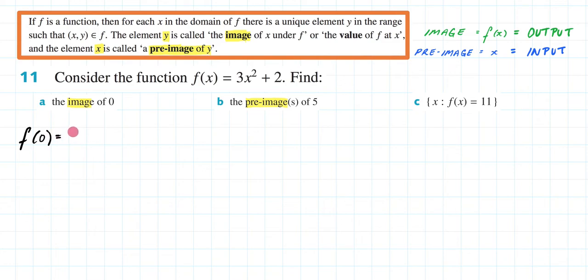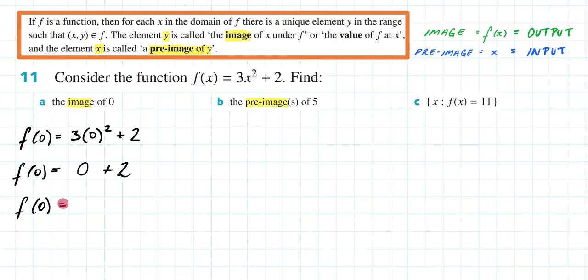So every time I see x, I'll put 0: 3 times 0 squared plus 2. So then I'll get 3 times 0 squared is 0, plus 2. So my image of 0 is going to be 2. Notice here I've got f of x, but here I found f of 0. And that's my image, it's my output.